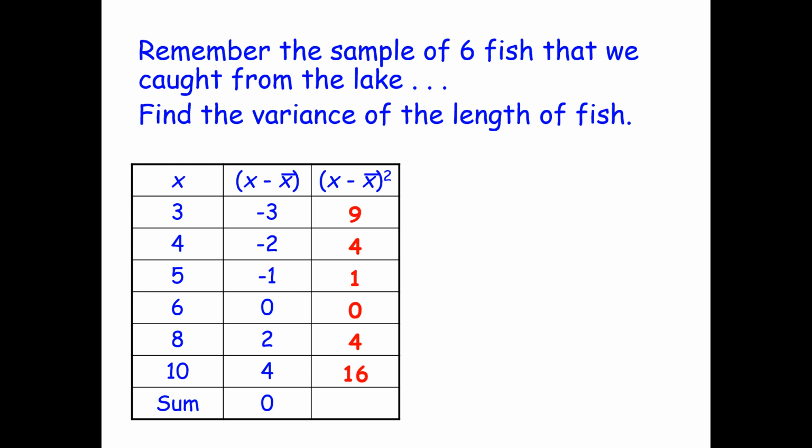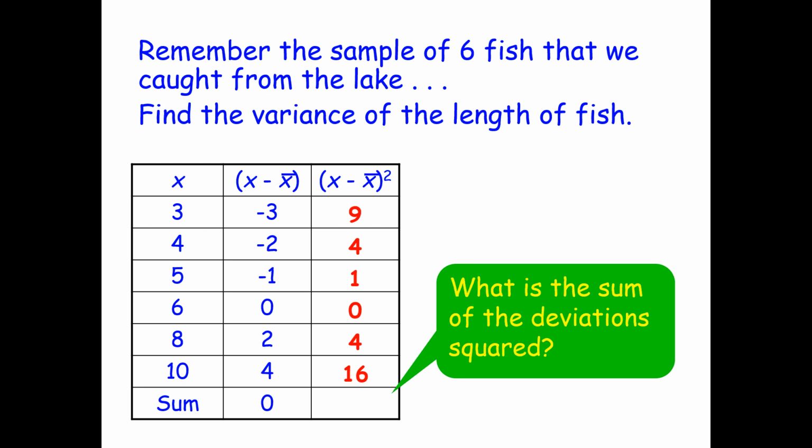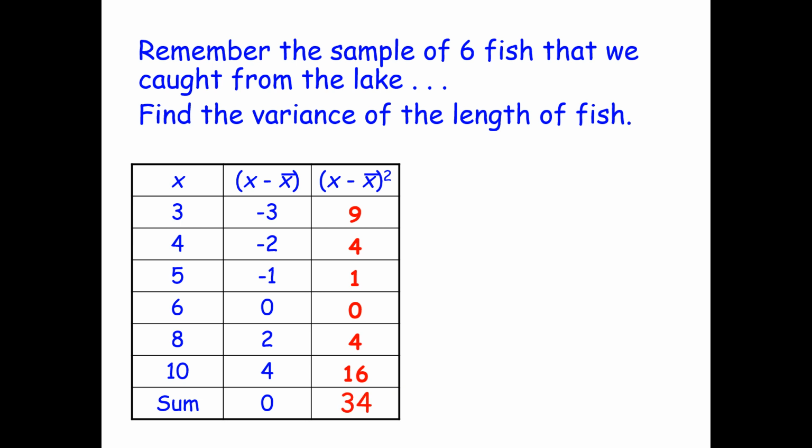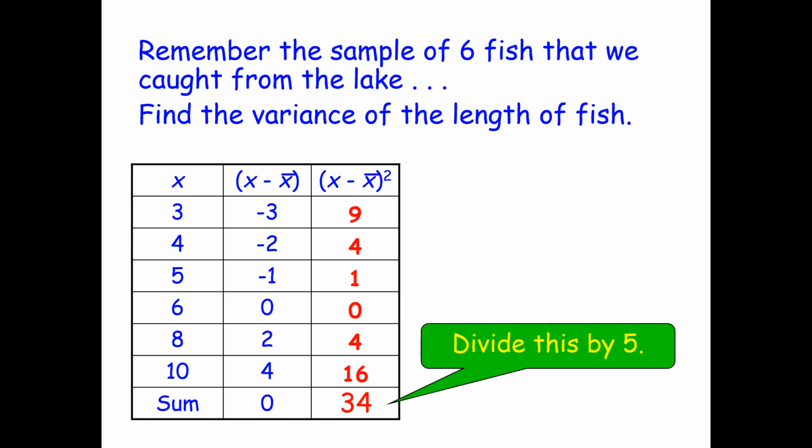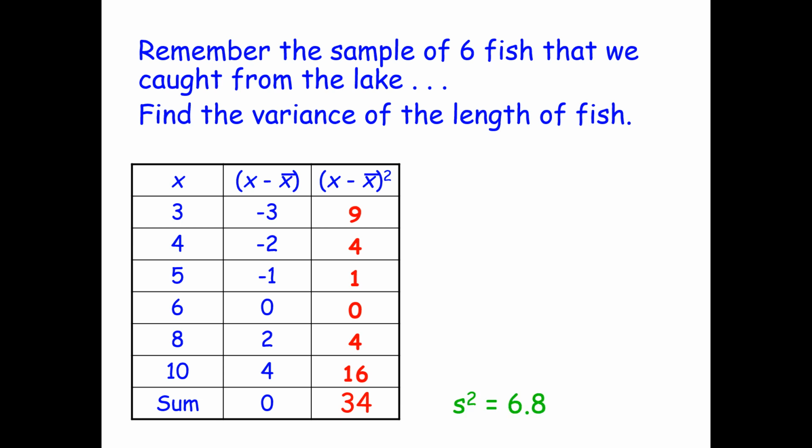And when we sum those together, we're going to get the value 34. We're going to take that and divide it by 5, because remember, we have n minus 1, because that accounts for our degrees of freedom. So we have 5 degrees of freedom here. So we'll divide it by 5. We'll find that our variance is 6.8.